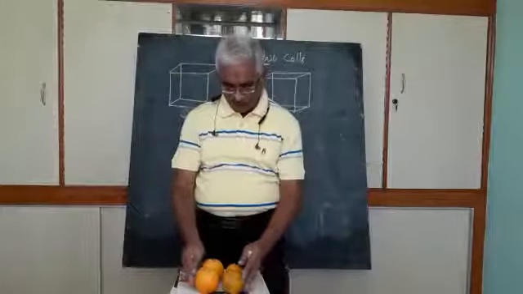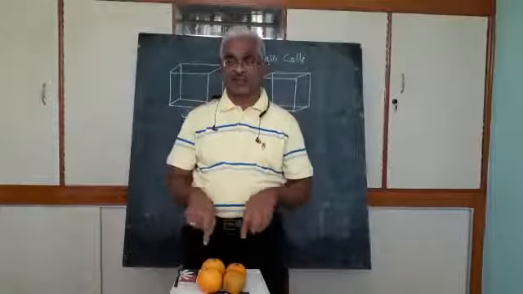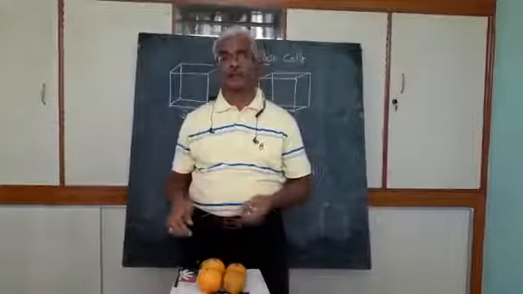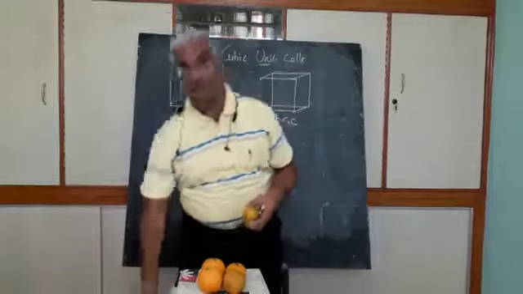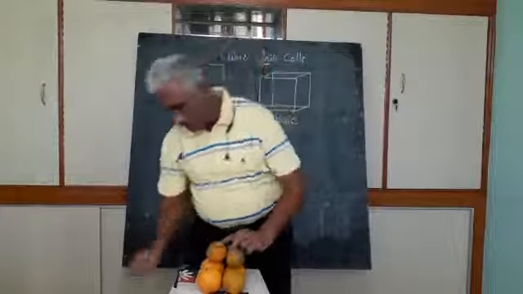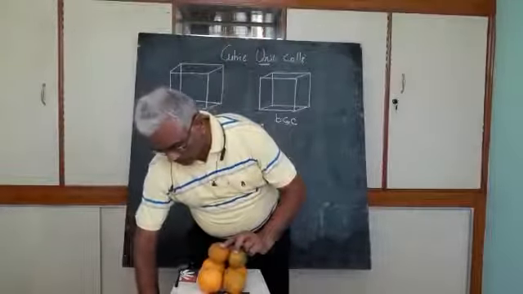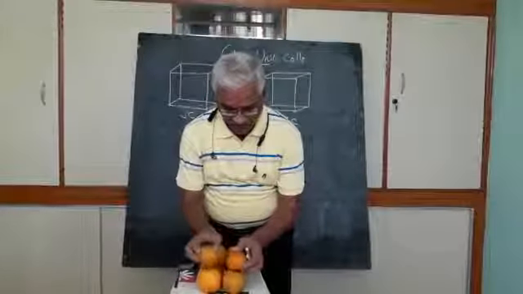If I arrange these four atoms, I get a square shape. If I draw a boundary, I get a square shape. And if I place four more, see these are the two and two more. So I have, consider I have 8 atoms.